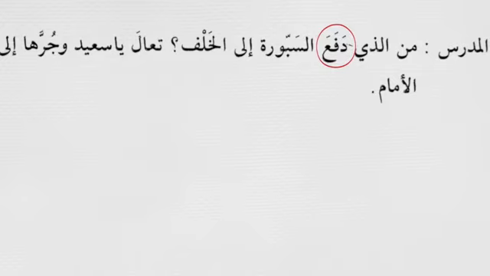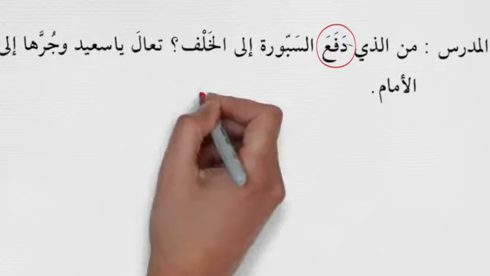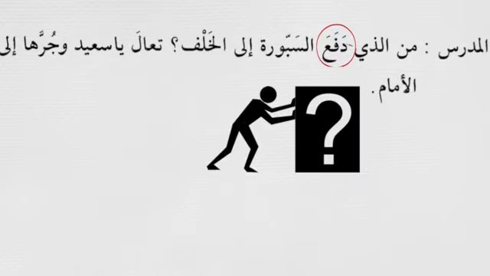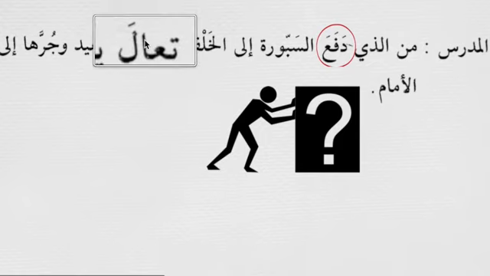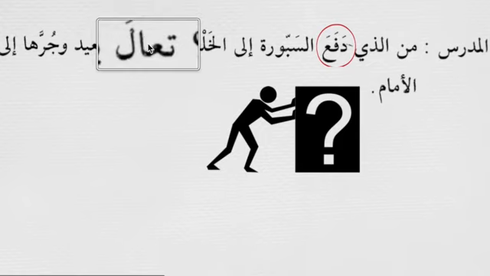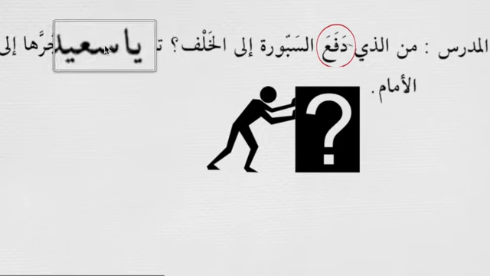Who is the one that pushed the saburata? Ila al-khalfi, behind. Ta'ala. We have done this fa'al. Ta'ala comes from ta'ala, and that's an amr, to call. Come here, ya Sa'id. Ta'ala ya Sa'id. Come here, O Sa'id.